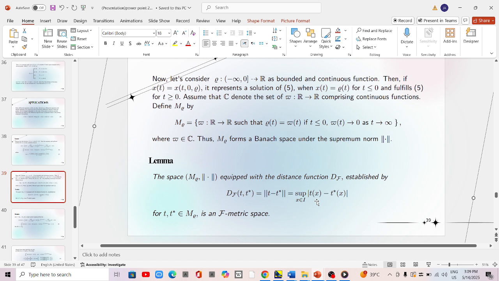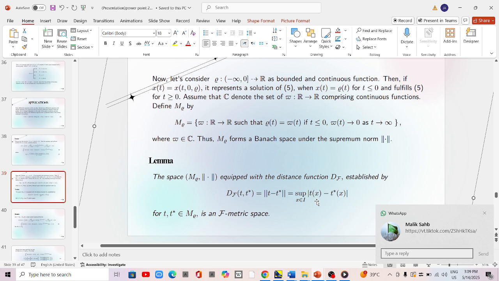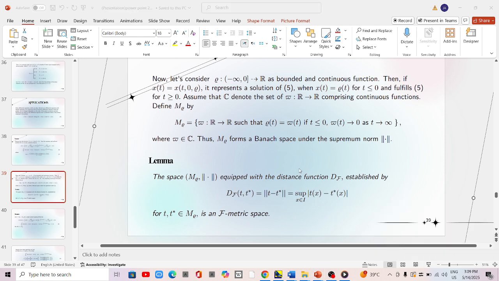So ME with this metric is a Banach space. It is also, because, as I asked you in the previous slide, a Banach space is a complete metric space. So we say that the space ME with this norm, equipped with the distance given in this way, is a complete F metric space.